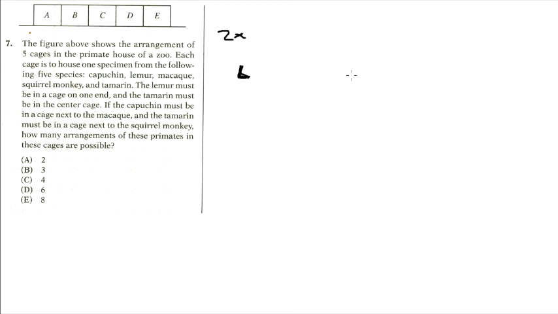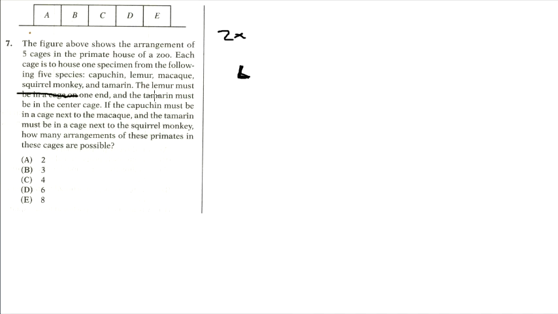However, I believe that the arrangement of the other primates would have been the same regardless of whether you go to the beginning or the end. Alright, so we've taken care of the lemur.